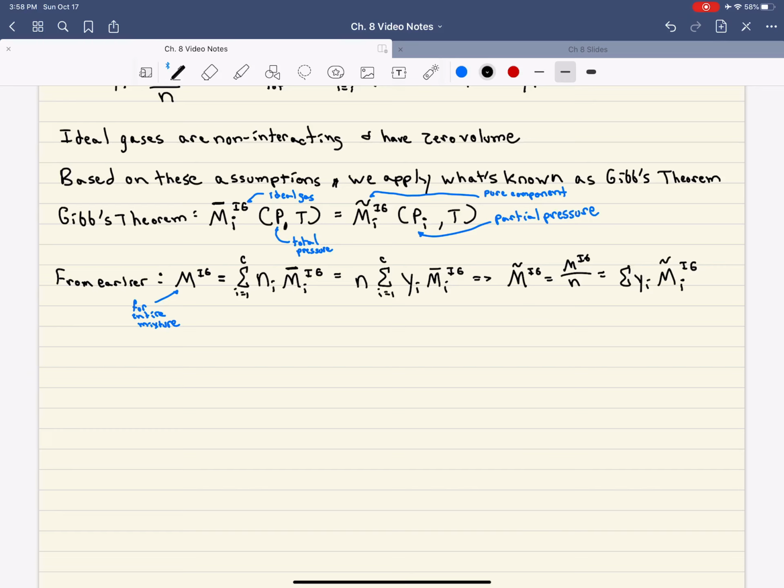Because from Gibbs' theorem, this is saying that this at the total pressure is equal to this at the partial pressure. So let me write those in. And this is also at total pressure and temperature. Okay? All right, so that's just the general framework for looking at the molar properties of an ideal gas mixture.